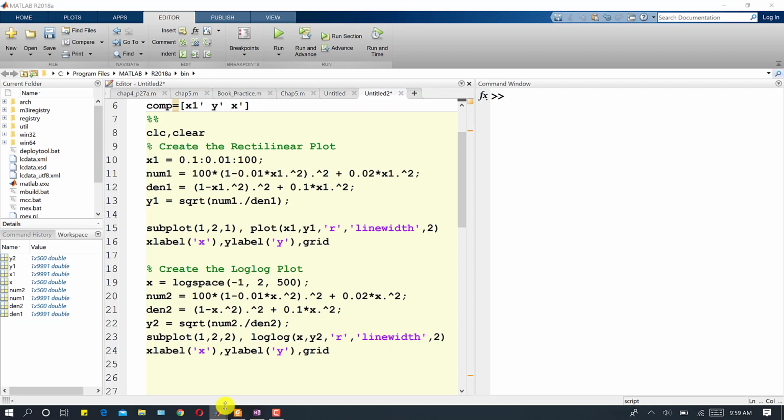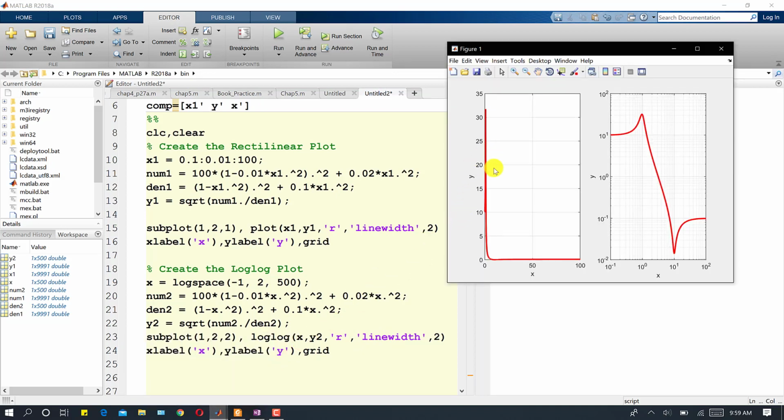Now when we run this, we get this. This is the simple plot and this one is the log plot. In the log plot, we can see more detail of the given data. We can see the maximum and the minimum of this plot, so we can see the extra details of this data, while in the simple plot we were unable to identify the maxima and minima and their x and y coordinates.